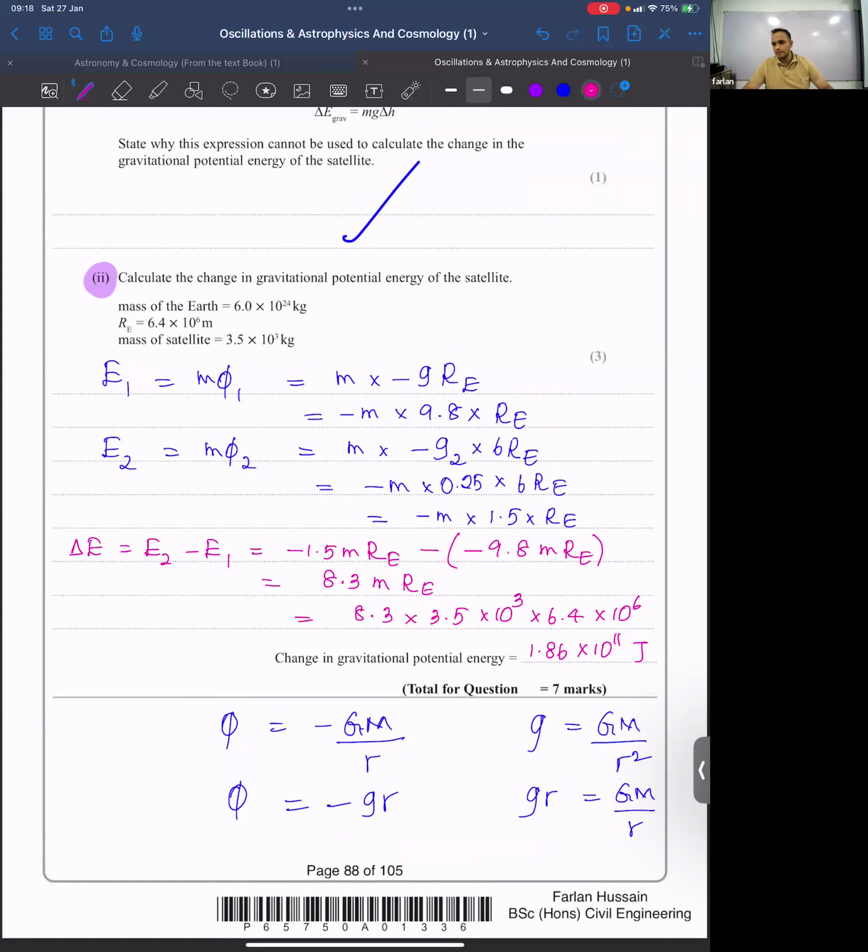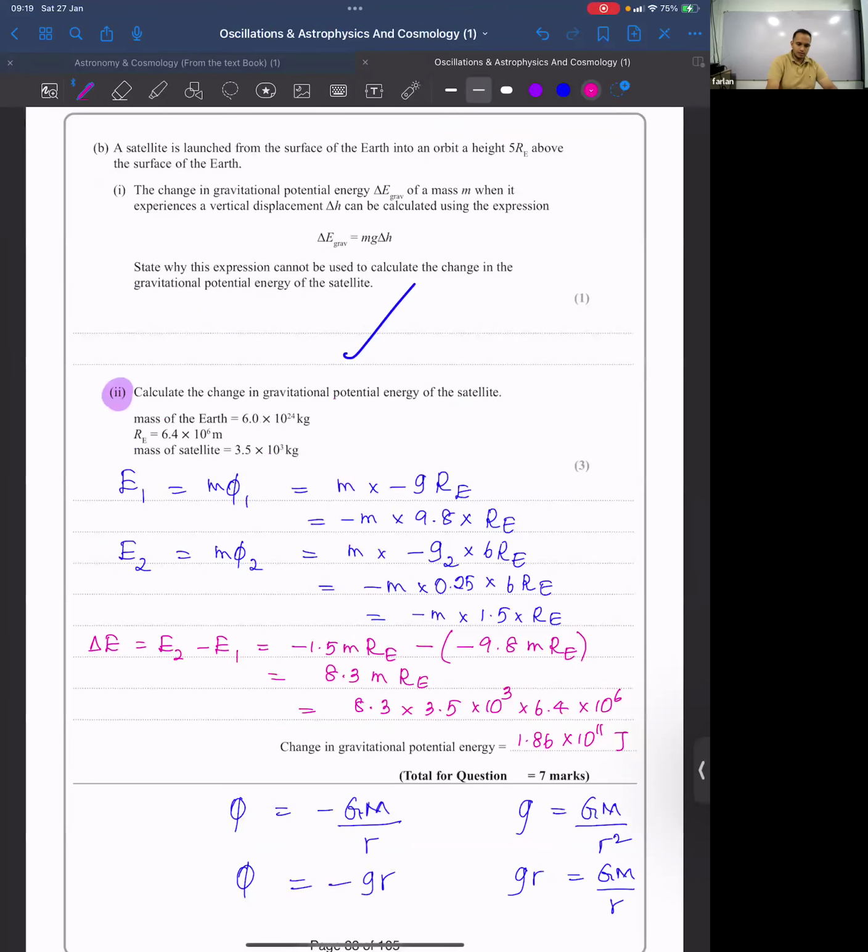So how do you get the 6Re, sir? 6Re is, now they are telling this object is taken to a height of 5Re above the surface of the earth, right? Above the surface of the earth means from the center of the earth, the distance to the object is 6Re, right? Isn't it?